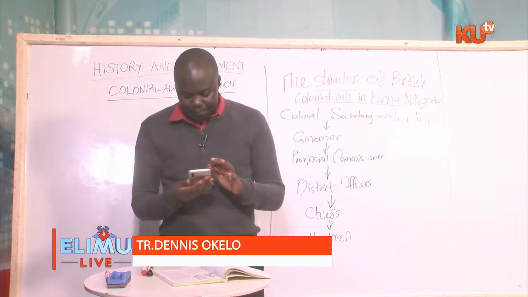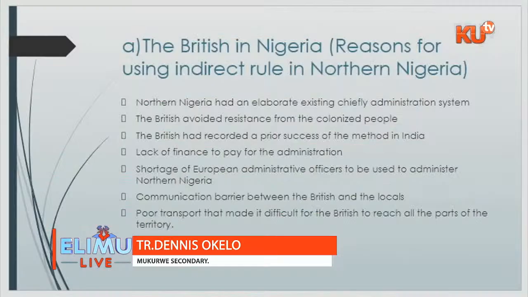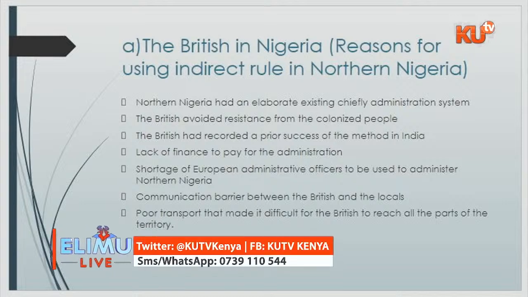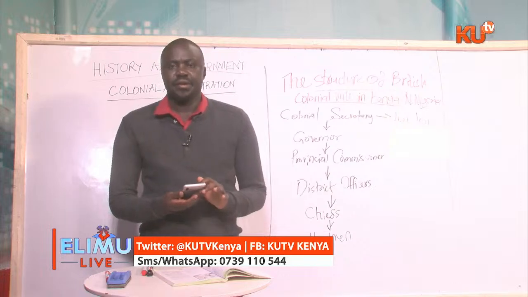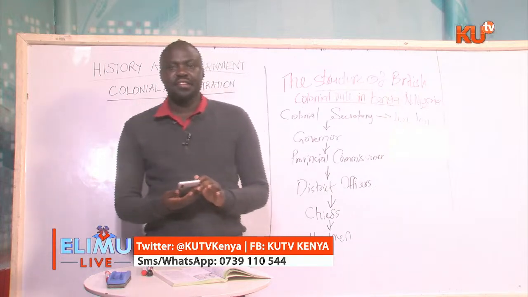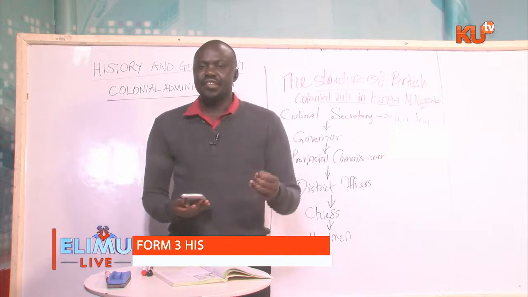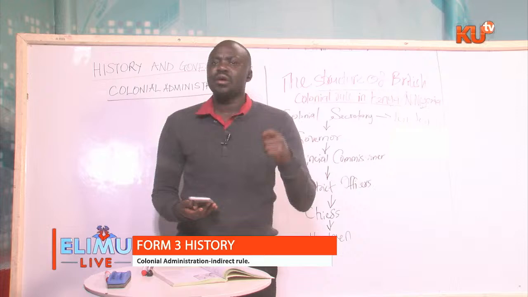Again, there was a shortage of European administrative officers to be used to administer the northern Nigeria. Now, administrative officers are people or personnel who are qualified to have administrative authority or to undertake authoritative mandate. For instance, those are people who have done public administration, and the British, being an elite society, wanted personnel who are qualified.